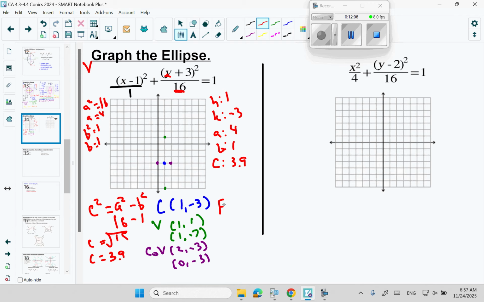Foci, if we remember, h, comma, k plus or minus c. So my h stays the same. So I'm going to get 1 for both of those. Negative 3 plus 3.9, that is 0.9. Negative 3 minus 3.9, that's negative 6.9.